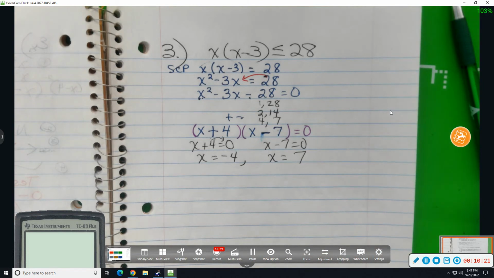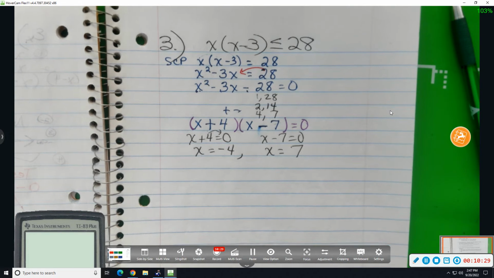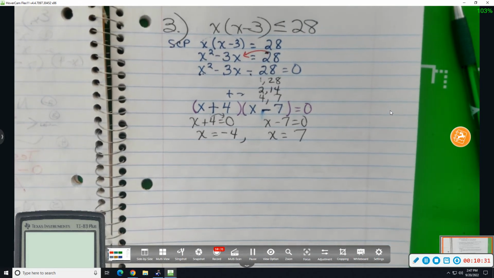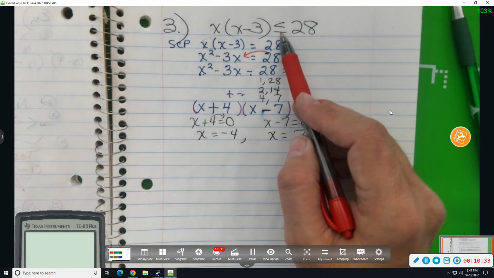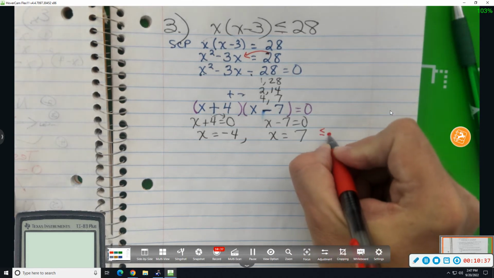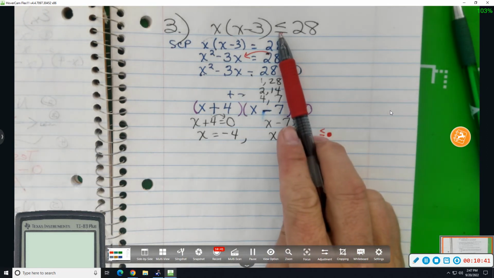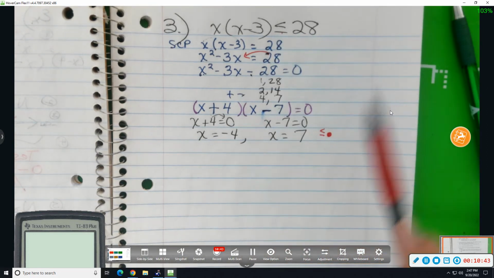We're going to need to label those on a number line. Do y'all remember? How do we decide? Are we going to put open or closed circles there? What do we look at? Okay, you look at this symbol, it's going to be a closed circle. Since there's an equal sign on the less than symbol, closed circle.